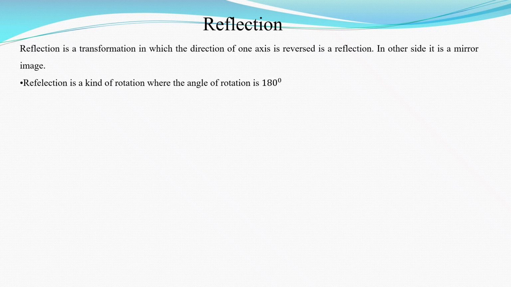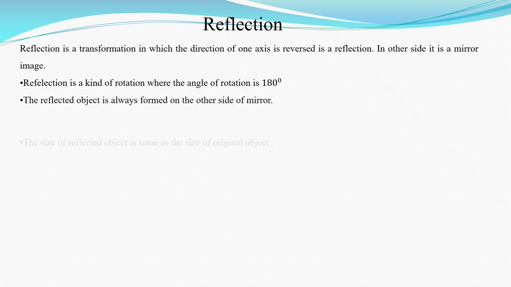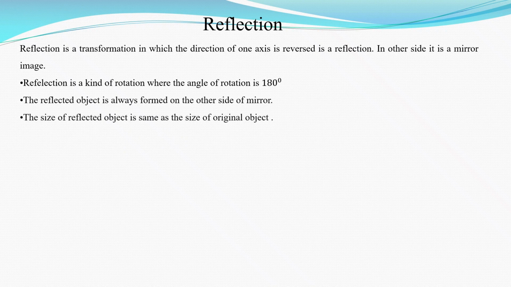Reflection is a kind of rotation where the angle of rotation is 180 degrees. The reflected object is always formed on the other side of a mirror. The size of the reflected object is the same as the original, so the size of the object is not affected by a reflection.